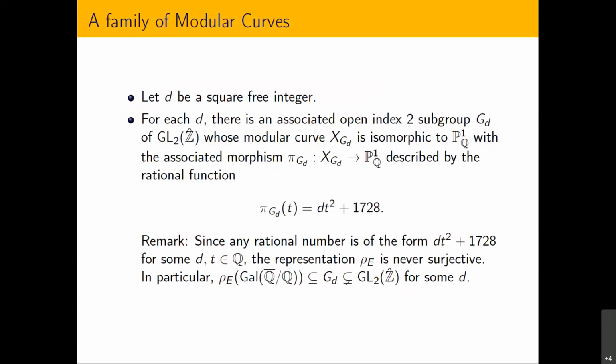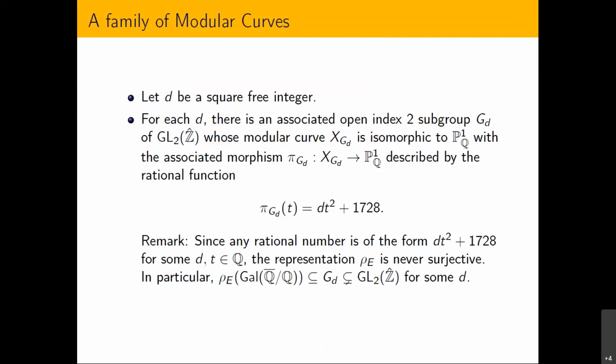Now, a cute observation here is that any rational number can be expressed as d t^2 + 1728 for some rational t and some square-free integer d. Okay, so that's the reason why the representation ρ_E is never surjective. So for every elliptic curve, you have this constraint given by this degree 2 map.